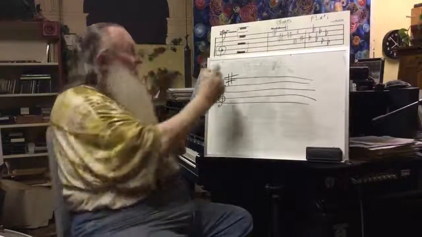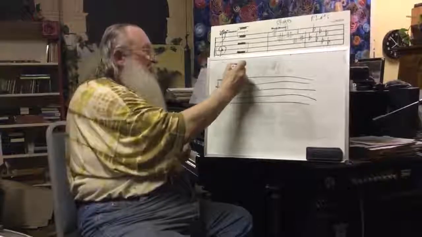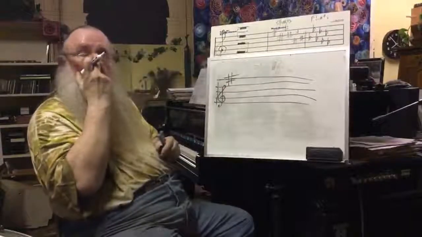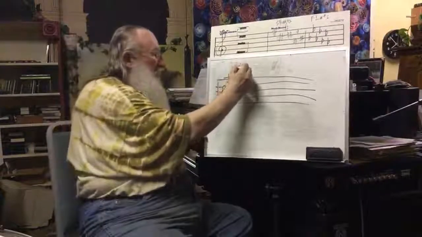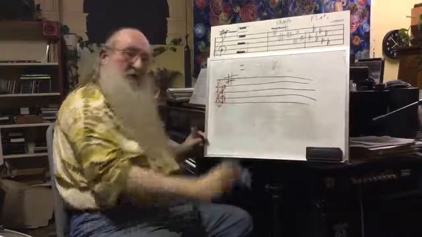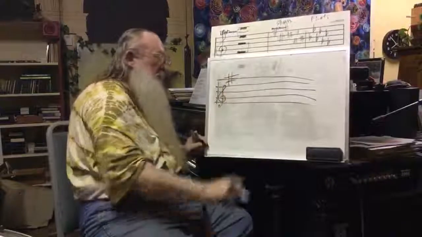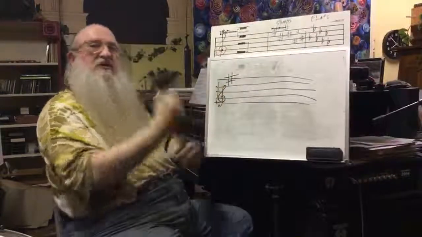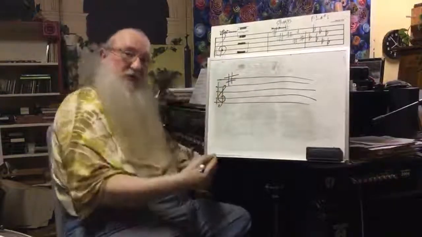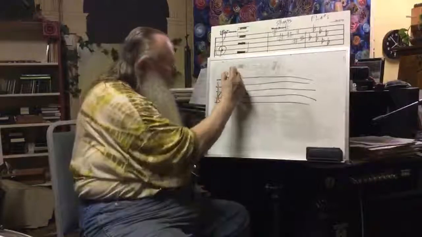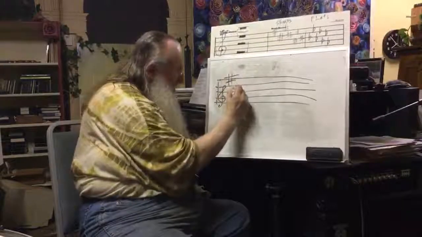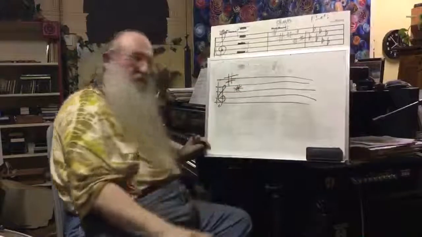The next one, if we go up 5 notes from there, will be C sharp. But I can't put it up here because I'd have to put it way up there. So what we do is, instead of going up 5 notes, we drop down 4, which is the inversion of 5. It's the reverse of 5. And we come down and put the next sharp right here on the C sharp line.